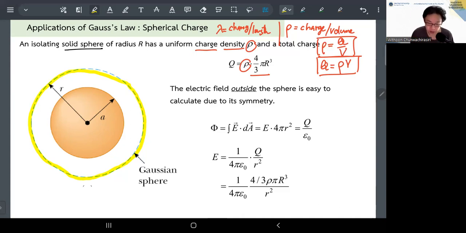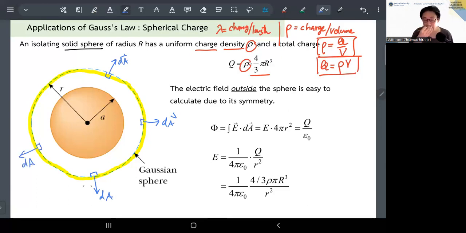And then try to calculate the electric flux on this sphere, just like what we did before the break. The tiny piece of area, dA, still points in the radial direction all the time. No matter where you look, dA still points in the radial direction, no problem.